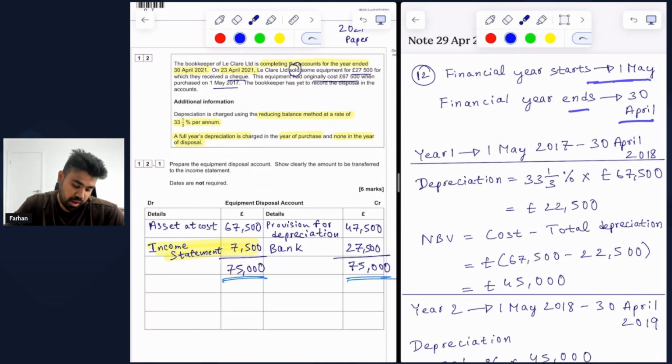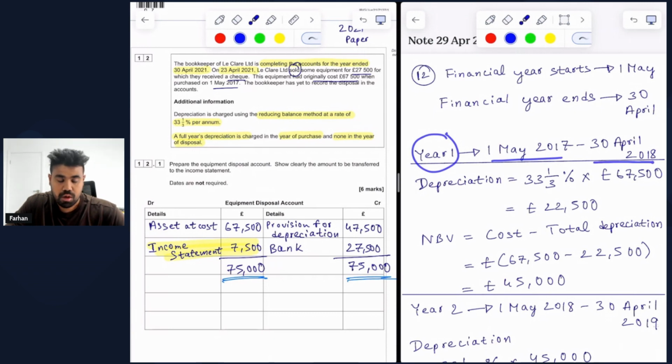The asset, the equipment that we have sold for £27,500, was purchased on 1 May 2017, and we paid £67,500 to purchase this asset on 1 May 2017, which means the first year of usage for this asset will be from 1 May 2017 until 30 April 2018.